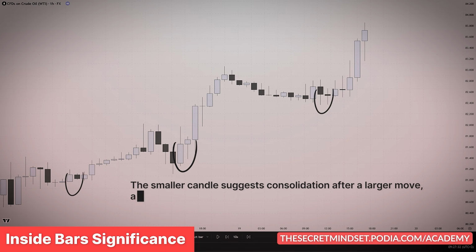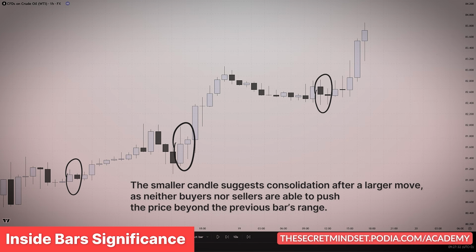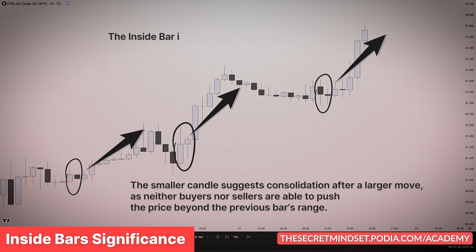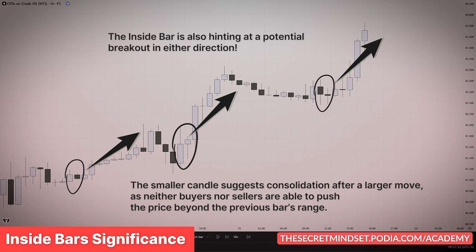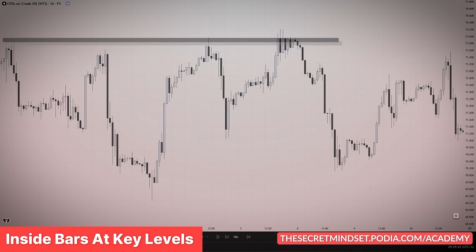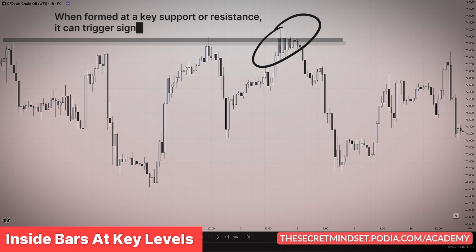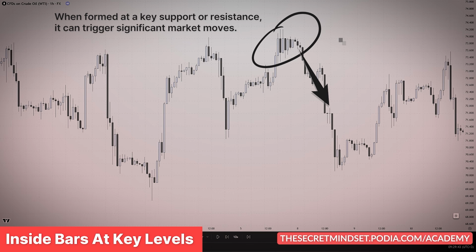The smaller candle suggests consolidation after a larger move, as neither buyers nor sellers are able to push the price beyond the previous bar's range. The inside bar is also hinting at a potential breakout in either direction. When an inside bar forms at a crucial spot, such as a major support or resistance, its break can trigger quite a few traders in and out of position.